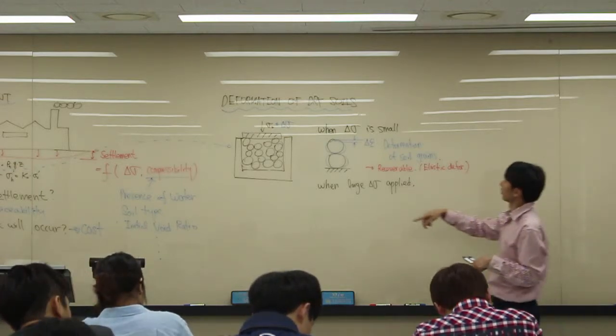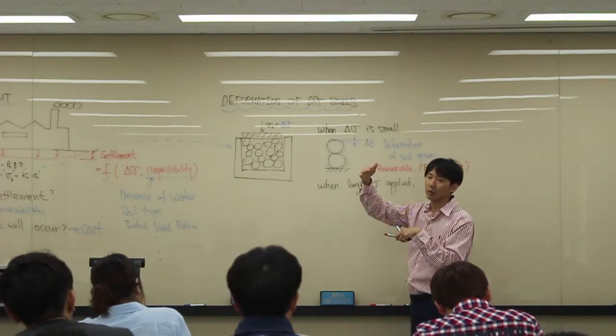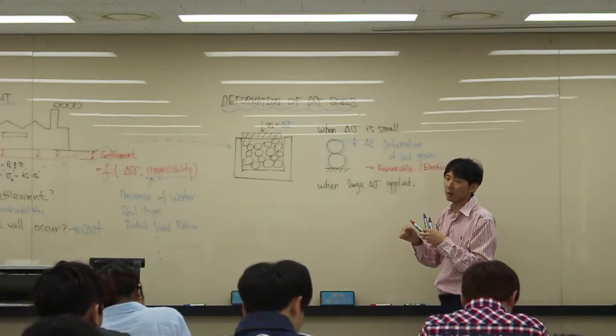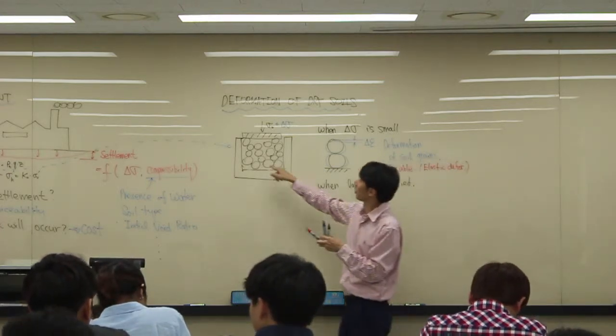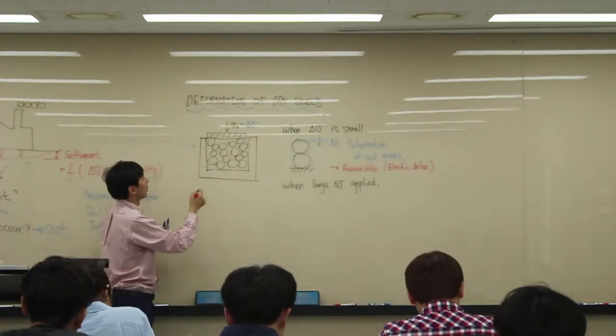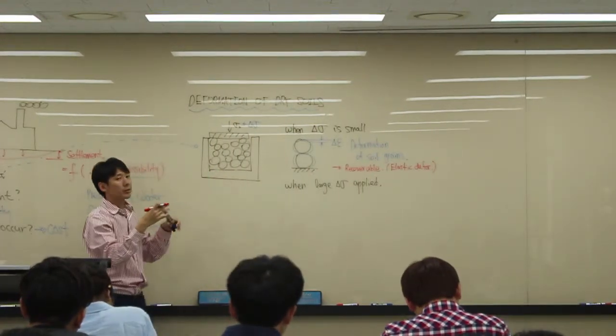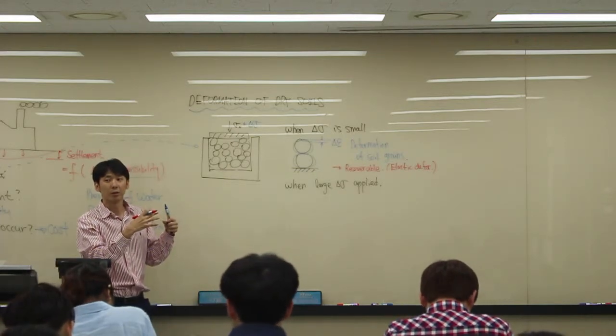When you increase this delta sigma to a certain point, so that you're applying a large stress increment, then what will happen? This soil mass is going to find some place where it can cope with this large amount of stress.